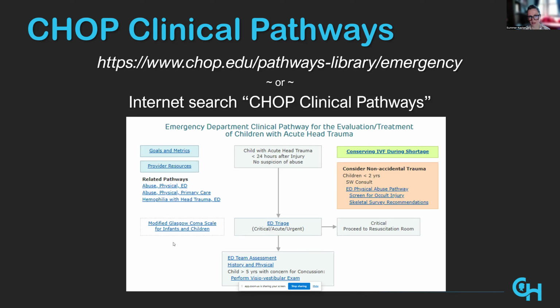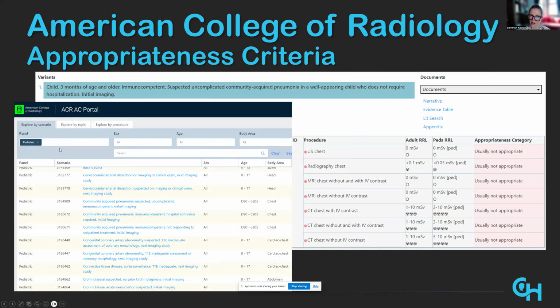There's actually hundreds of pathways here, but that can be another source for information about how to proceed with an imaging workup in a trauma case. The American College of Radiology has guidance as well that really steers us more towards which imaging is most appropriate.